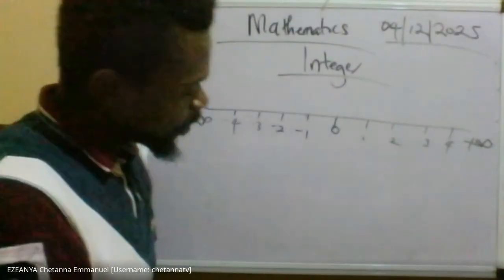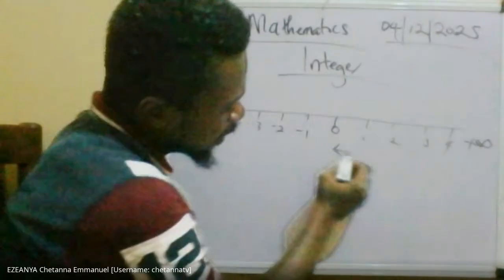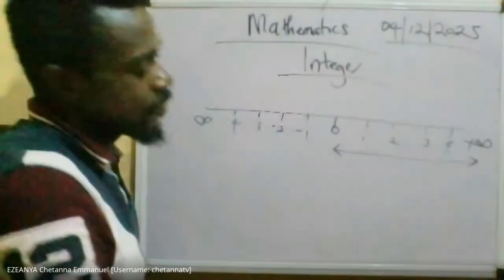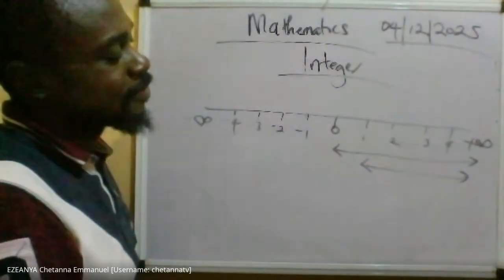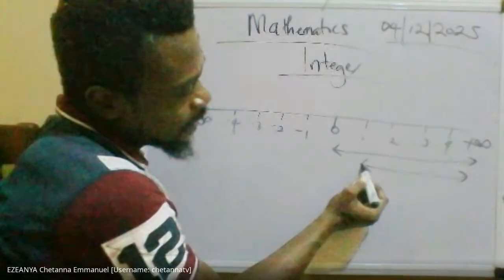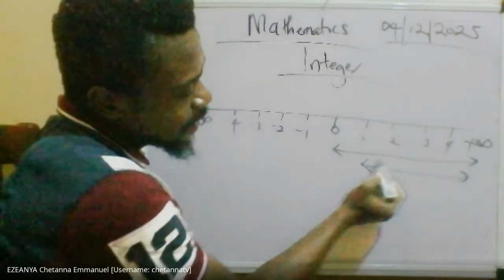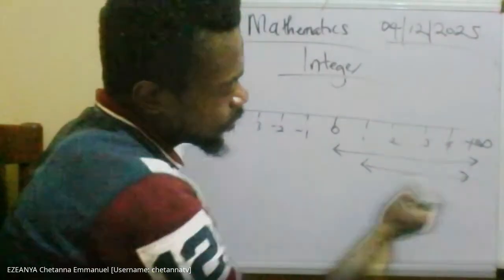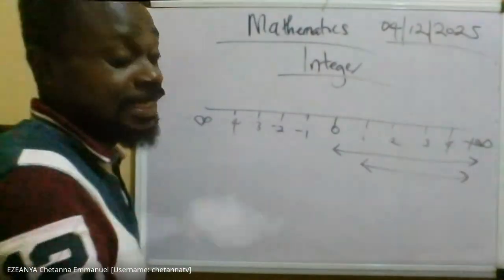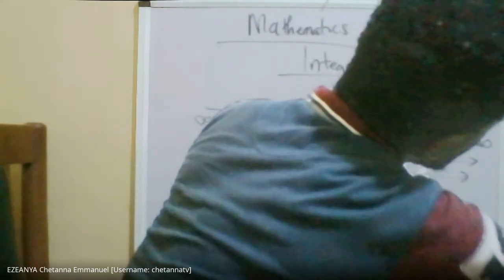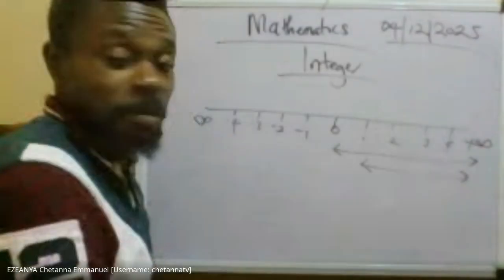Now, from here up, they have their own names. Here, 1, 2, 3, 4, 5. These ones are called natural numbers. I said I'm not going into numbers. These are natural numbers.